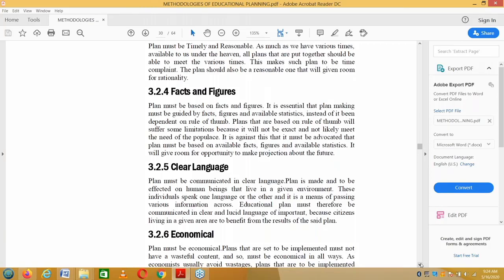As the generally accepted language in Nigeria is English, the educational plan must be written in English, in clear language that will be understandable by the community.